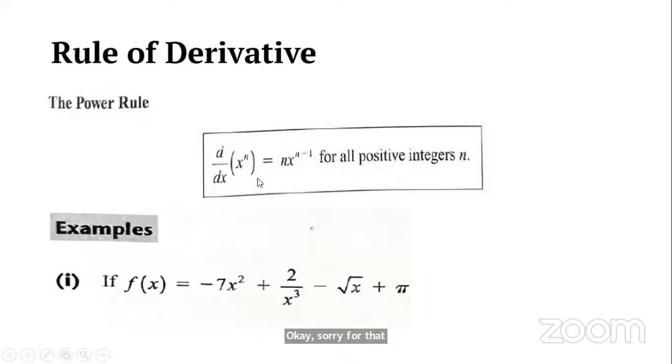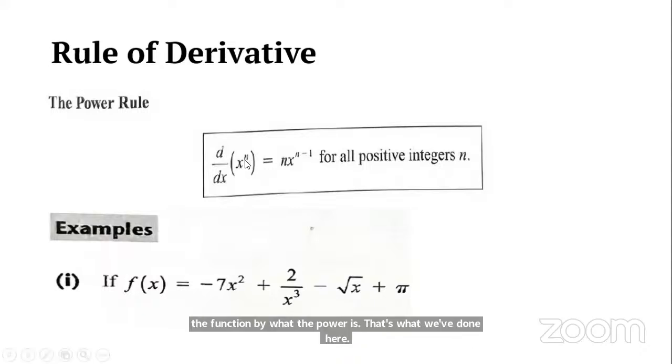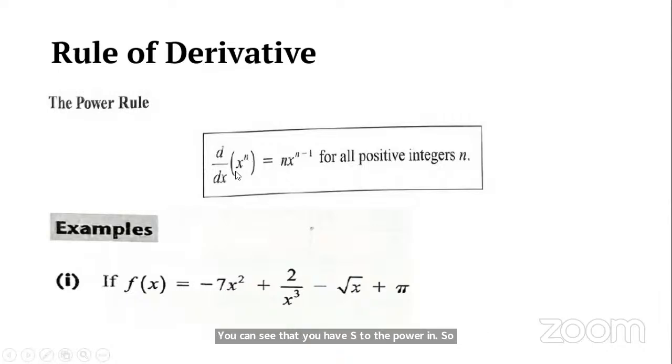Now, if you have S to the power n, from SHS they taught us that to differentiate S to the power n, you subtract 1 from the power and multiply the function by the power itself. That's what we've done here. S to the power n becomes n S to the power n minus 1, which is here. Just like the way you did it in SHS.